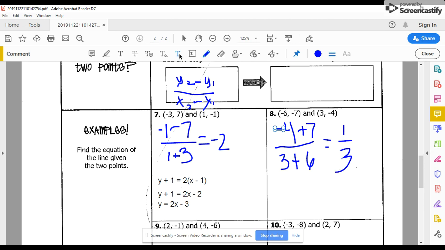And then going to the formula, y plus 4, I'm going to pick the second point, minus a negative is plus, equals 1/3 parenthesis x minus 3. y plus 4 equals 1/3 x minus a third of 3, which is 1, and then y equals 1/3 x minus 5.